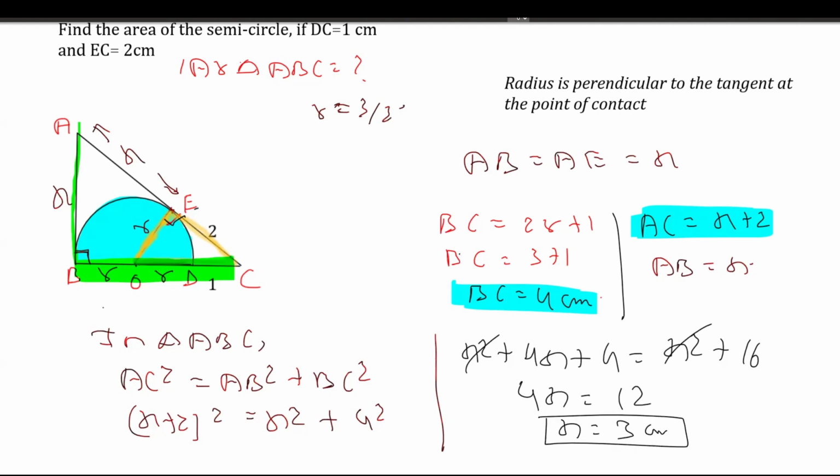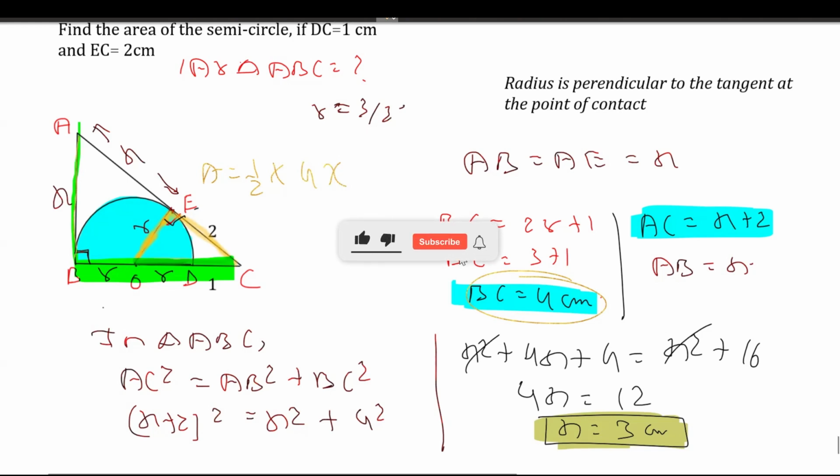So once we get the length of x over here, which is 3 centimeter, we can find the area, and that's how possible, because now we can say area of a triangle is half base into height. So area of this triangle is half times base, and base is BC over here, which is 4, and altitude is what?